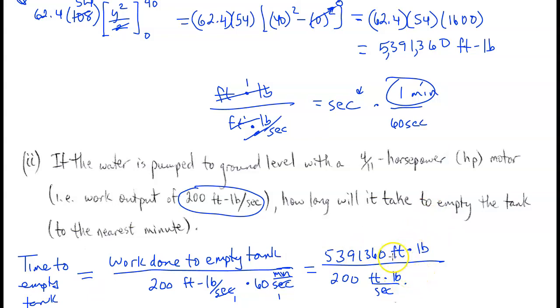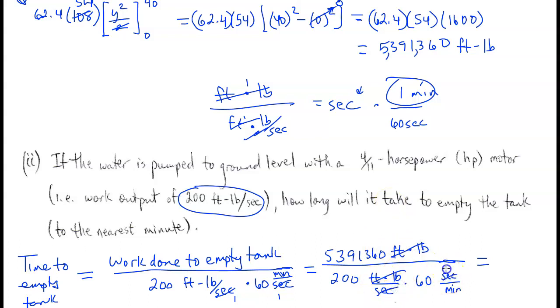So we know that we're going to have 60 here, and it's really going to be seconds per minute, like this. So we handle all the units here. Of course, the foot-pounds and the foot-pounds here will reduce to 1.